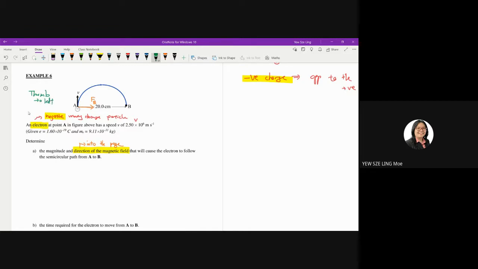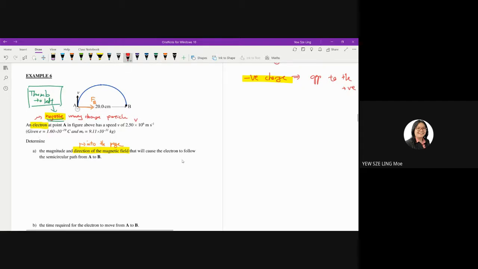Thumb to the left because the force for negative charge is going to the right. So you let your thumb go to the left and then velocity going up and you will be able to determine the directions of magnetic field, which is into the page. So this is the crucial part for you to determine the direction.